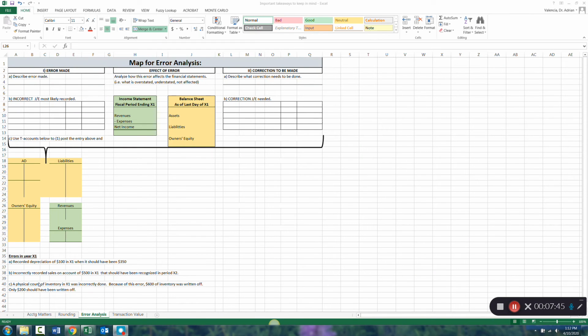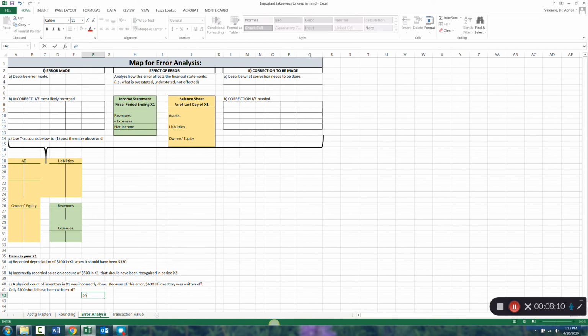All right, in letter C, we're told that a physical count of inventory in fiscal year X1 was incorrectly done. Because of this error, $600 of inventory was written off when only $200 should have been written off. So in other words, at every period end, or every year at least, you do a physical count.